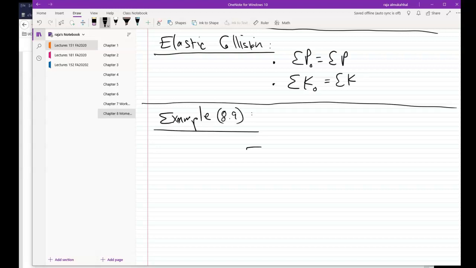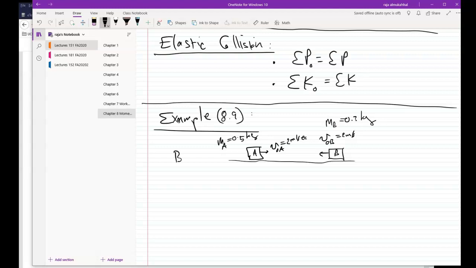So here's glider A. Here's the floor, or the track, whatever you call it. Here is B, both moving in the opposite direction. V naught A is 2. V naught B is 2 meters per second as well. And the mass of A is 0.5. I hope you memorized this by now. Mass of B is 0.3 kilogram.